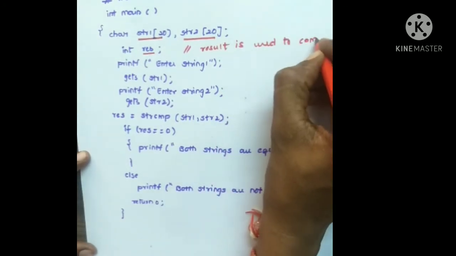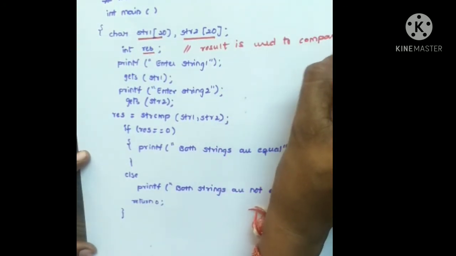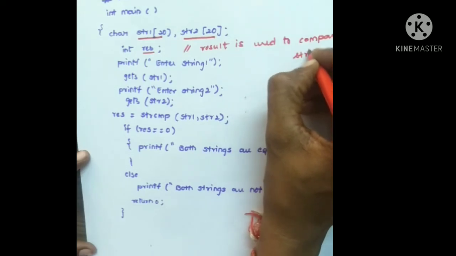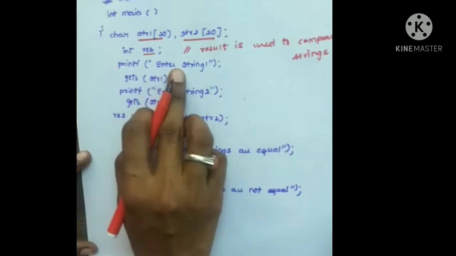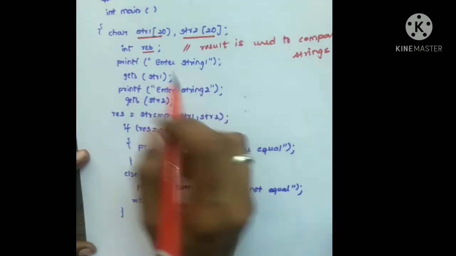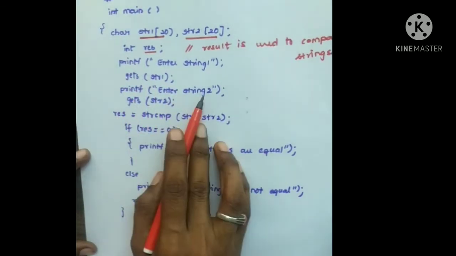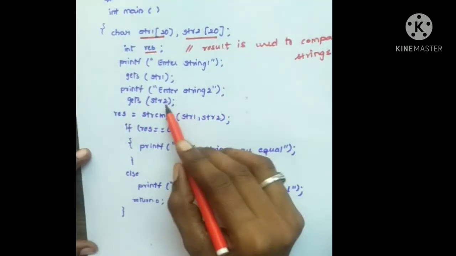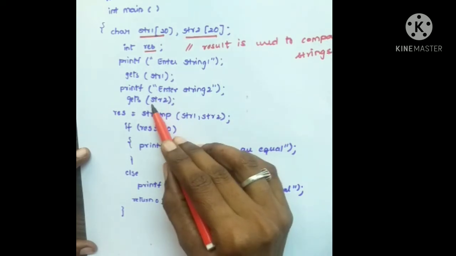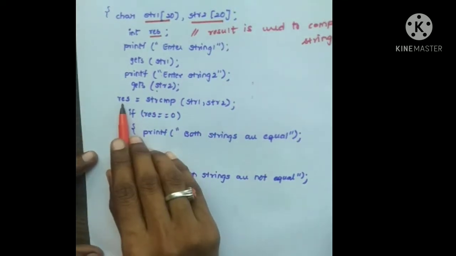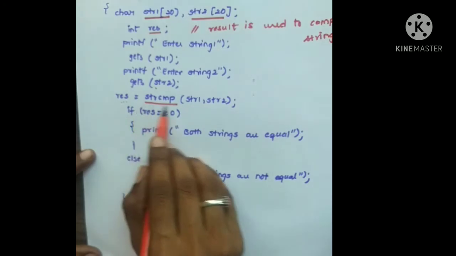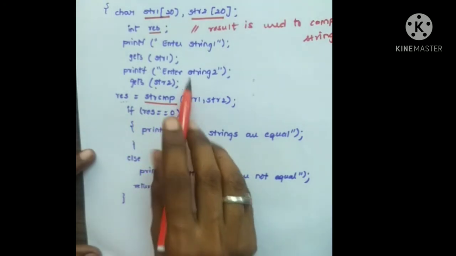We enter the first string by using printf and gets, and the second string by using printf and gets. Next, for the result, I have to use the function called strcmp, with the first string and the second string.